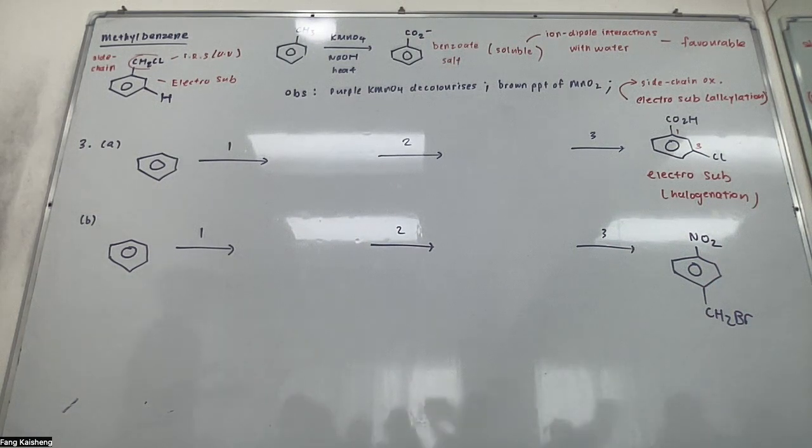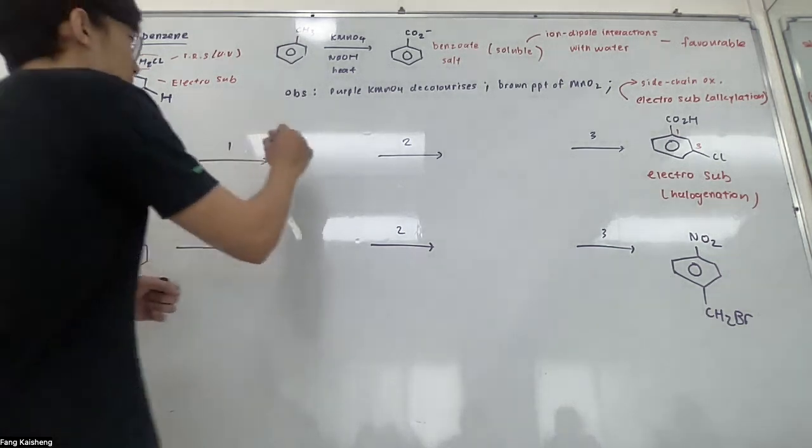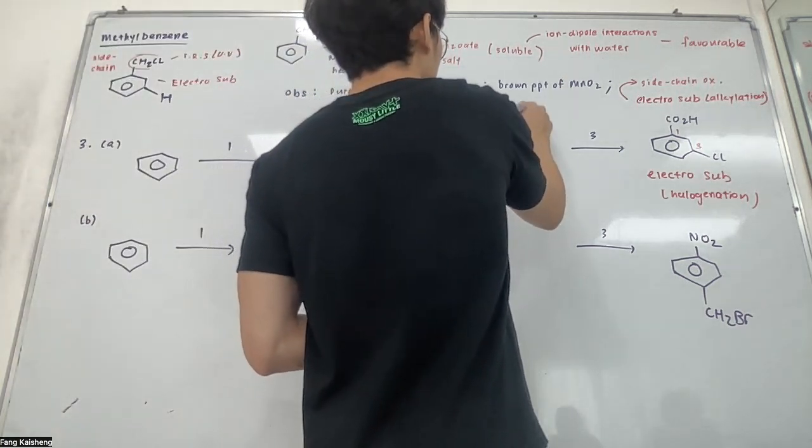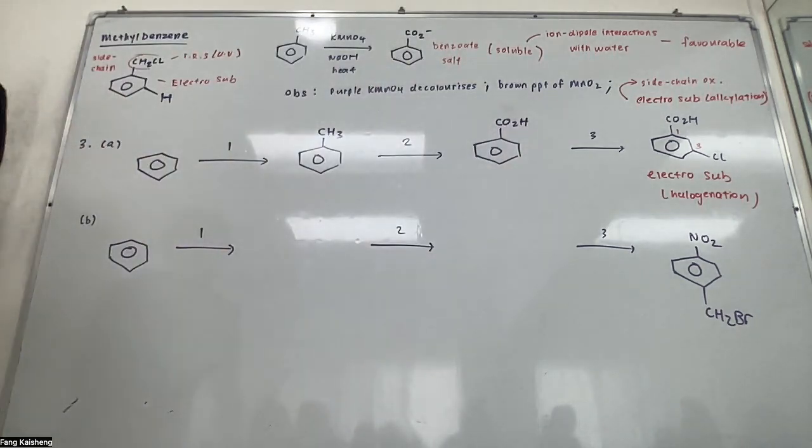And try to write CO2H, if not COOH. CO2H is going to be all by the side. Okay, good. You all managed to get the order.